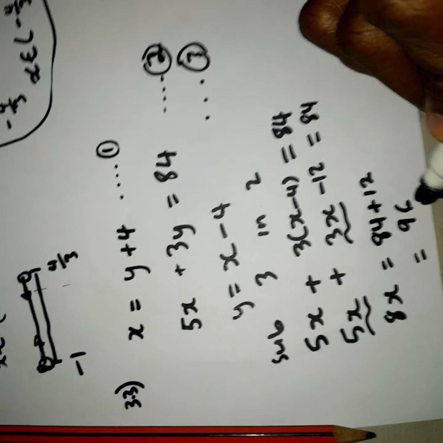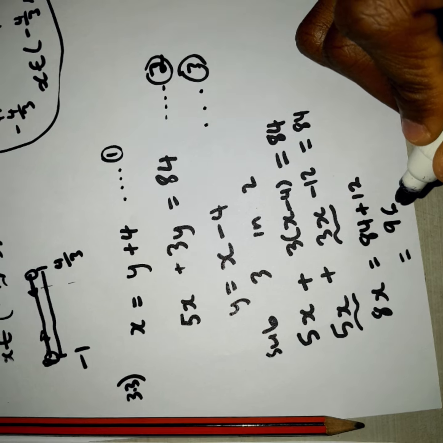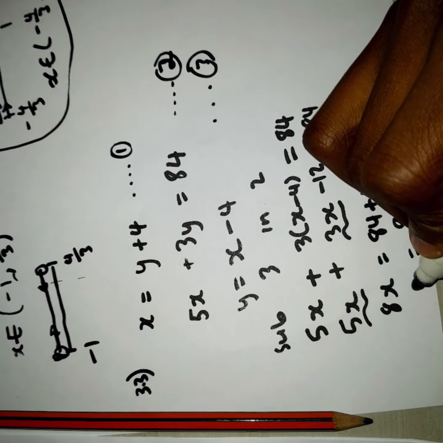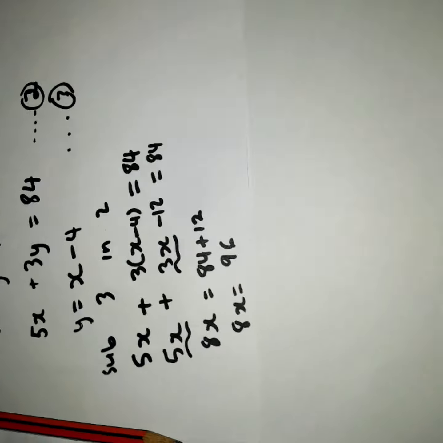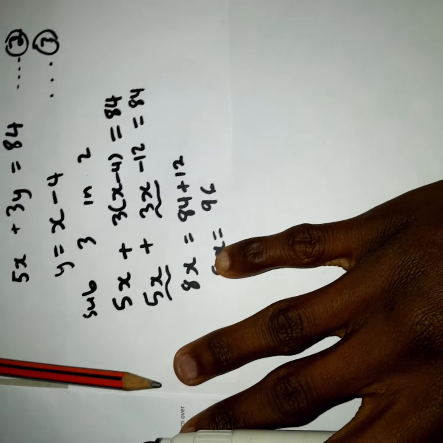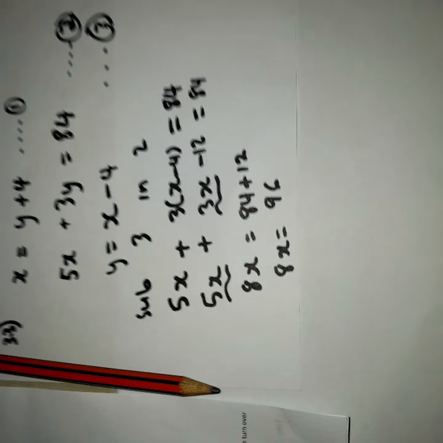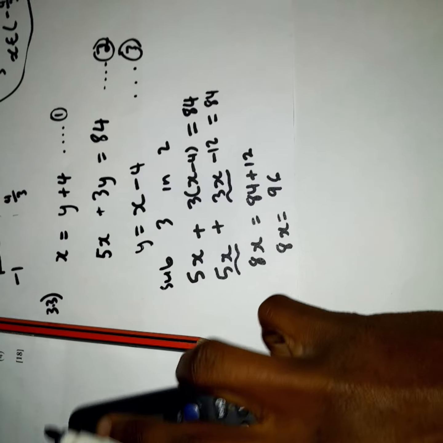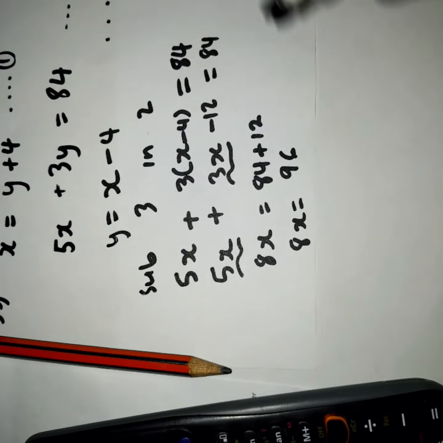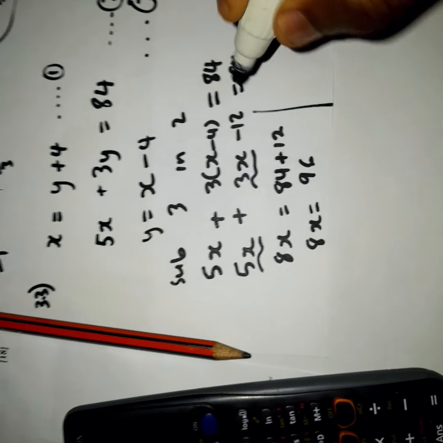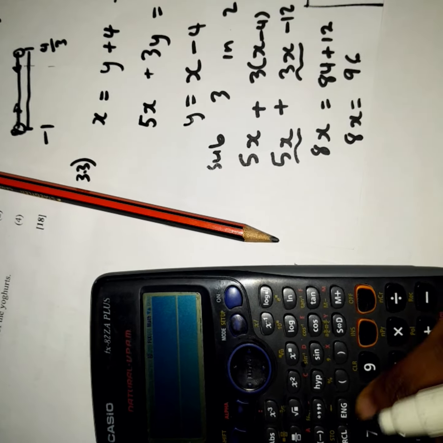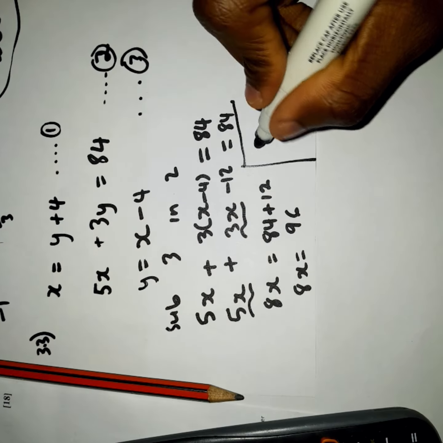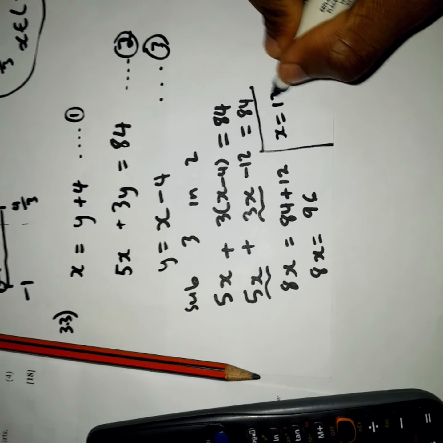So 8x is equal to 96. Am I right, or maybe I did something wrong here? So that we can have enough space, we divide both sides by 8 here. So 96 divided by 8 gives us 12. So x equals 12.